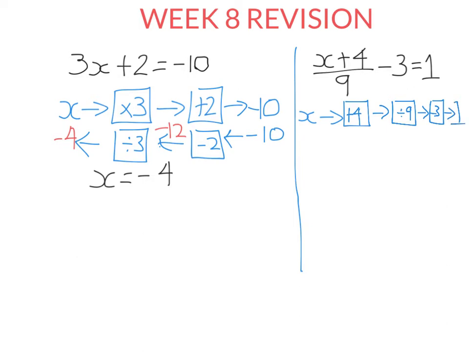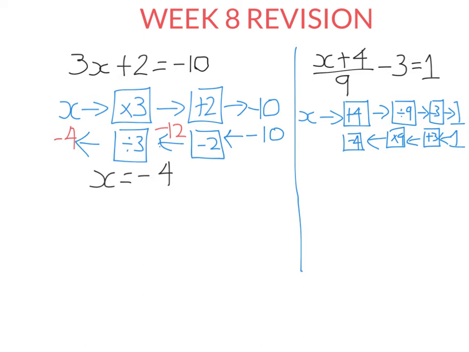So when I'm solving the equation, I'm going to start at 1. Instead of subtracting 3, I'm going to add 3. Instead of dividing by 9, I'm going to multiply by 9. Instead of adding 4, I'm going to subtract 4.